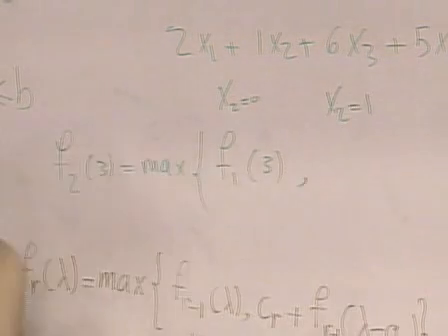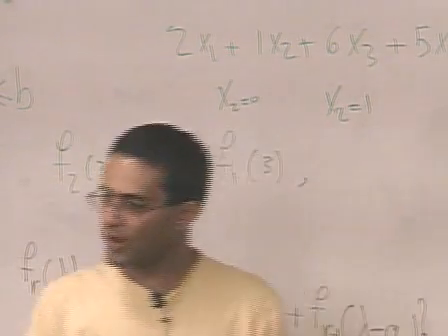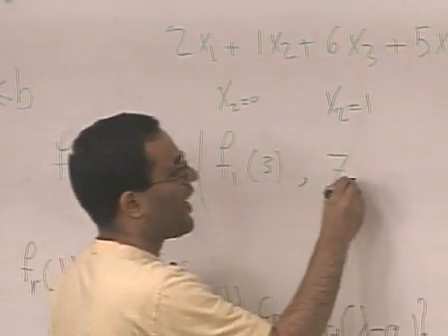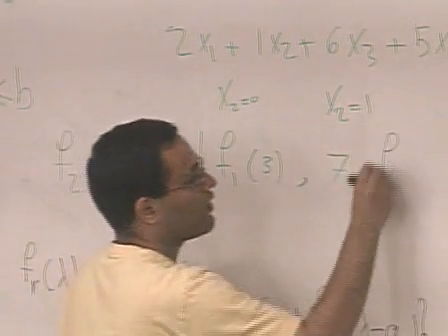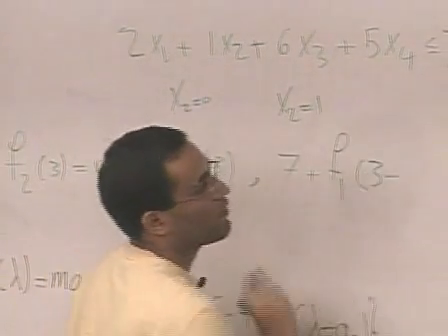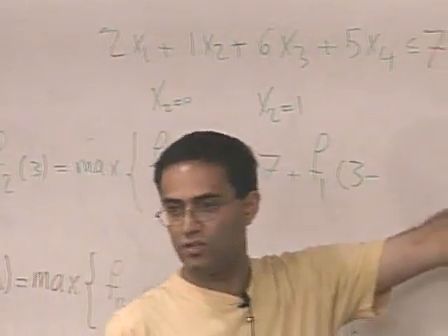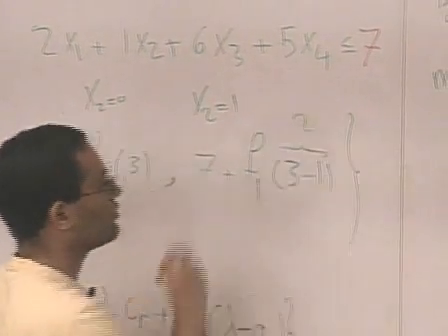But if you take it, what would be the value of your objective? You would put this 7 there. You have it in your hands. And now you go to the stage before you with a little bit less capacity. Meaning, you go to the stage before, you had 3 units of capacity, but you used 1 unit of it. So this would turn out to be 2.